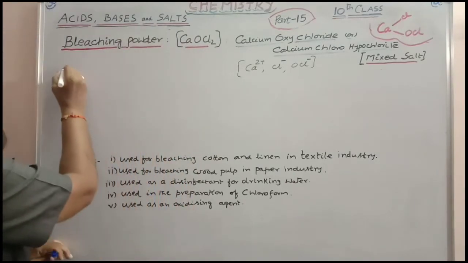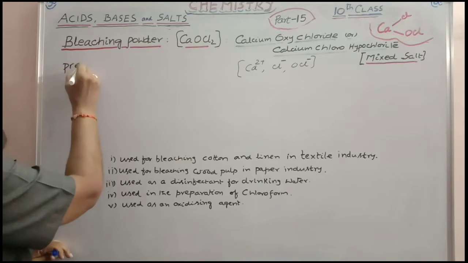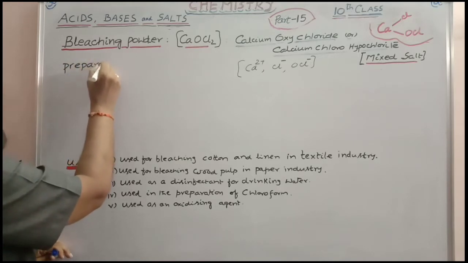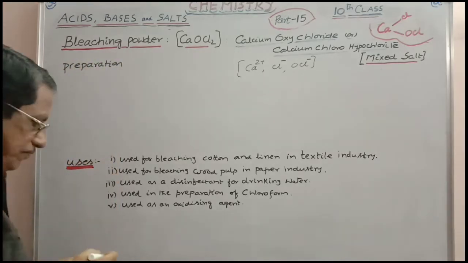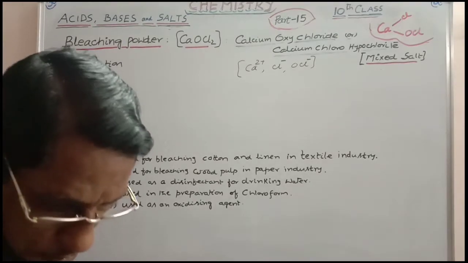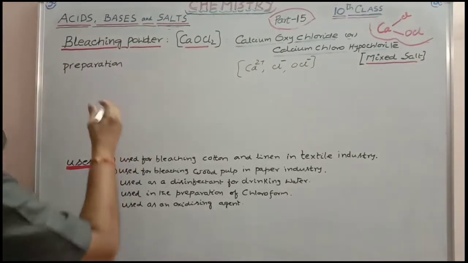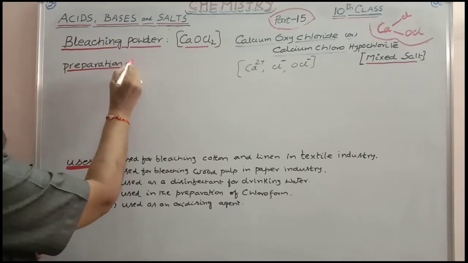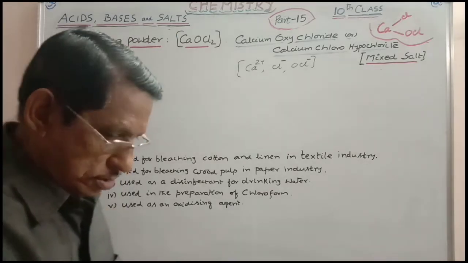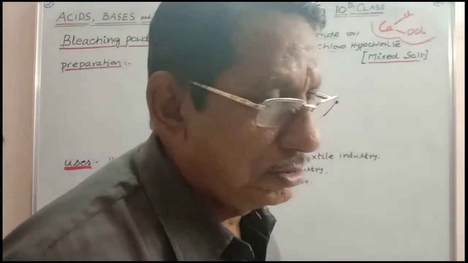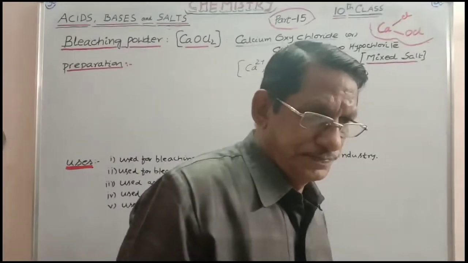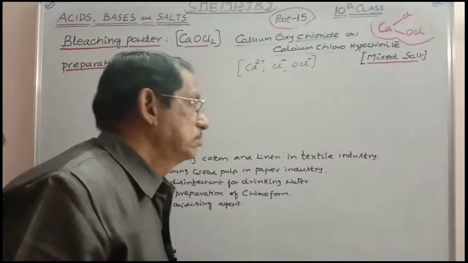How is it prepared? Preparation of calcium oxychloride. You have to treat dry slaked lime with chlorine.